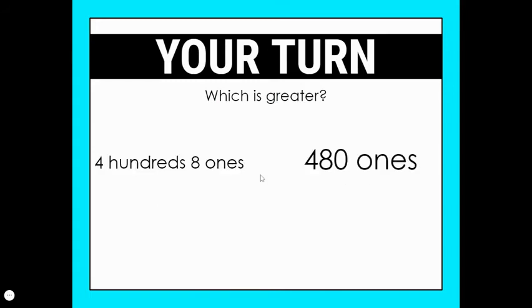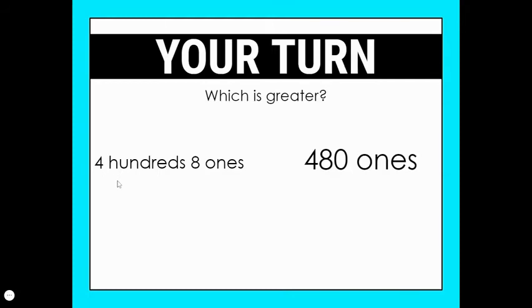All right, now let's try another one. Now I have 4 hundreds, 8 ones, or I have 480 ones. Go ahead and write these numbers in standard form. What would they look like? So for this one, I'm picturing my base 10 blocks.